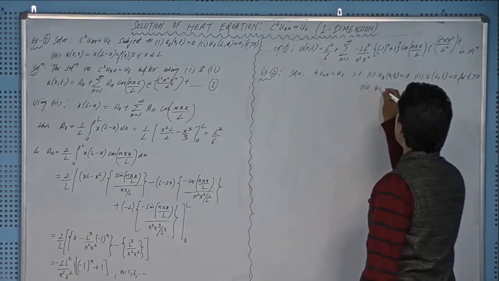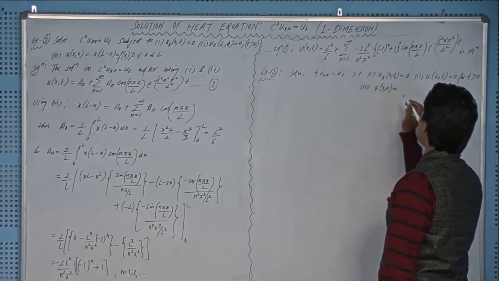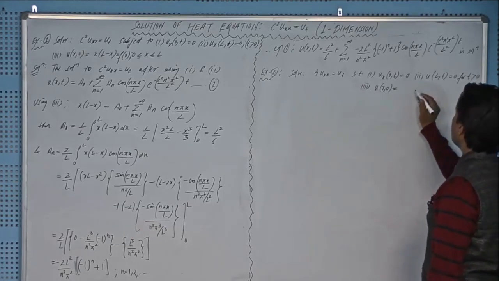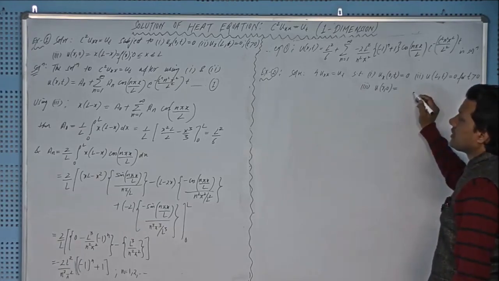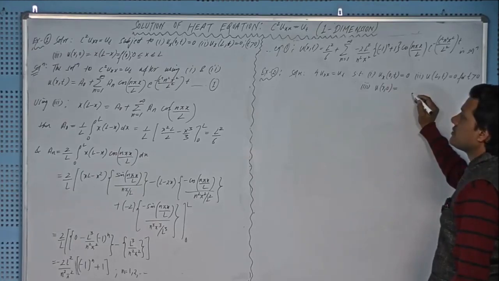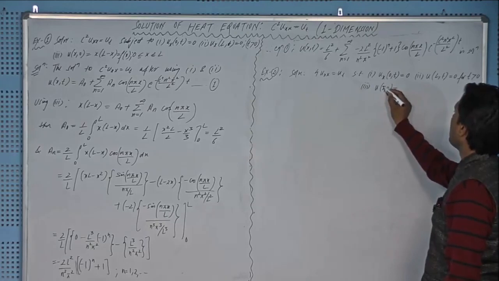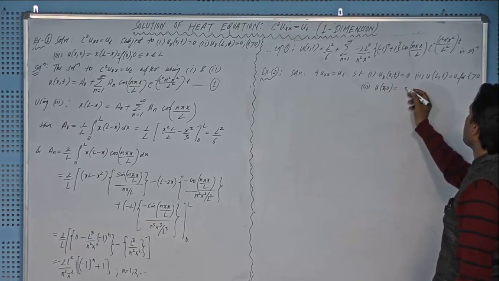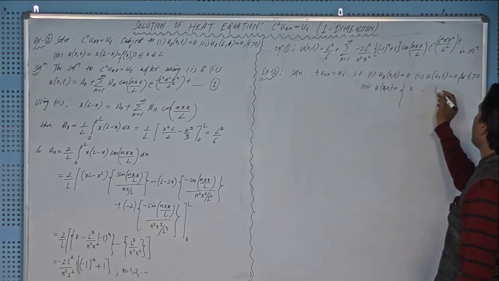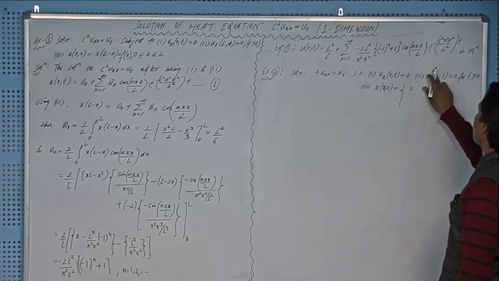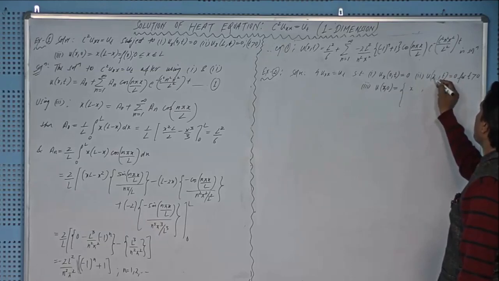And let me take the third condition as the initial temperature distribution condition. Let me take this temperature x, and if I change this length, let me take this length 2 pi.